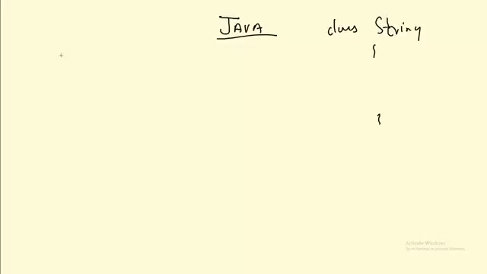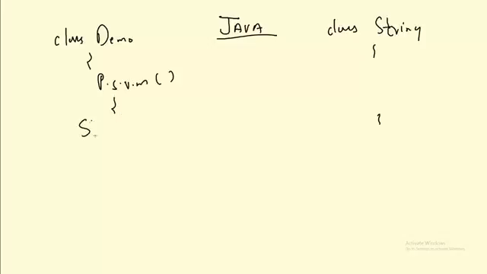Probably you might be aware of something like this. If I have a class called Demo and there is a main method, public static void main String args.